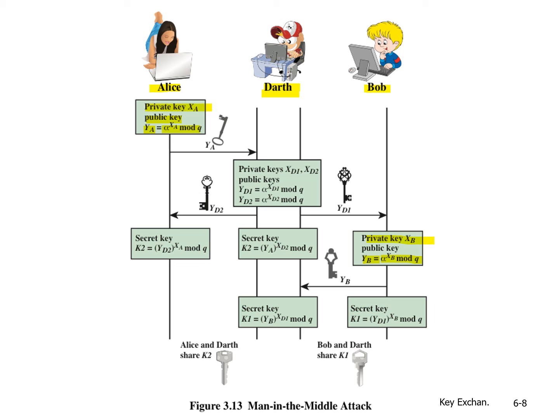Alice sends YA, and Das intercepts this YA before it reaches Bob. Das generates two private values, XD1 and XD2.